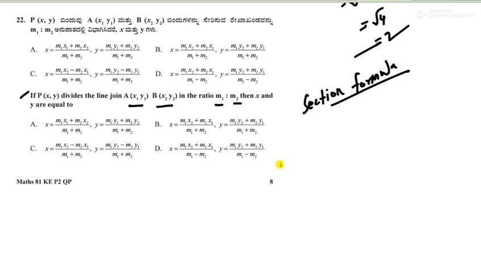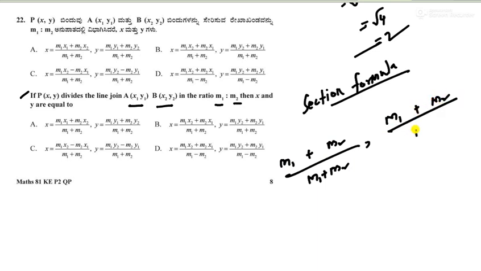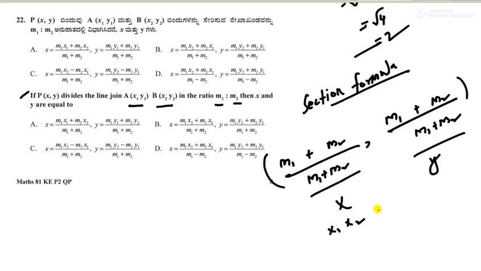See, you write first m1, leave space, m2. Similarly, in the denominator m1 plus m2. Here also m1 plus m2. In the denominator also you write m1 plus m2. Now this is for x and this is for y, right? So what we will do, we will write x1 and x2 here, and here y1 and y2 in this formula.